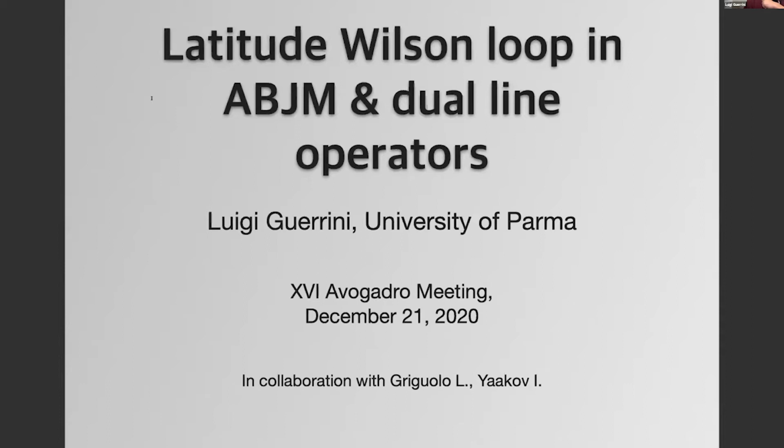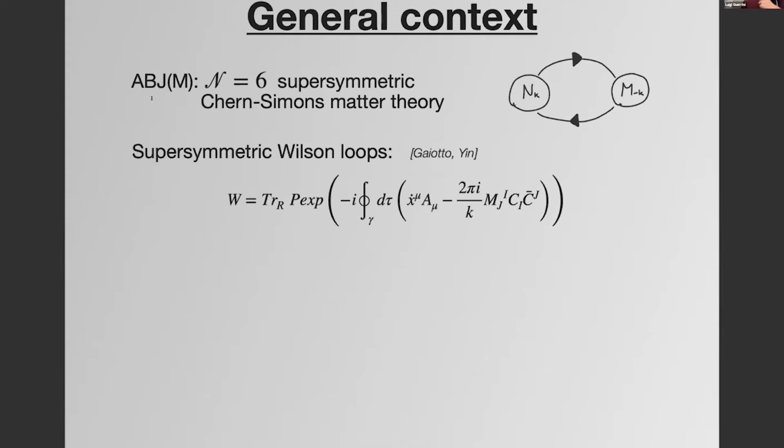So today I'm going to talk about the Latitude Wilson loop in ABJM. ABJM is an N=6 supersymmetric Chern-Simons matter theory with this quiver structure. And the observables I'm considering are supersymmetric Wilson loops.